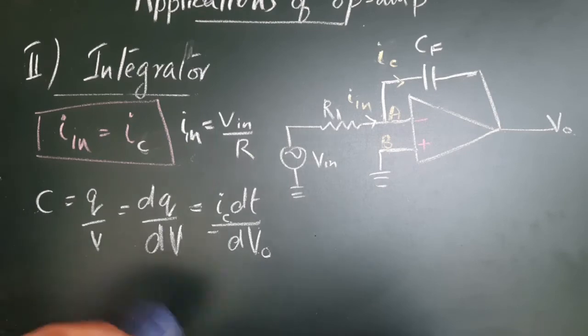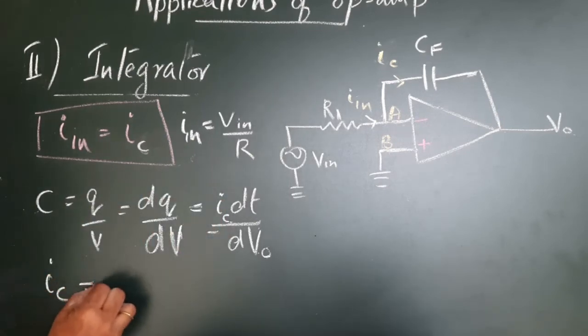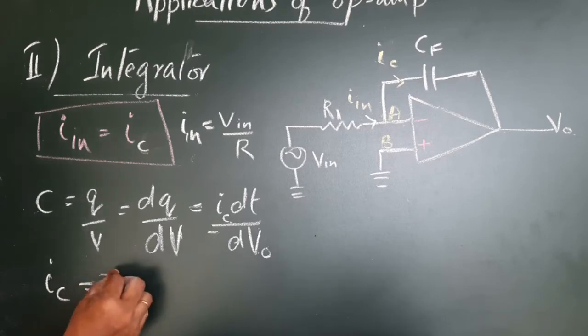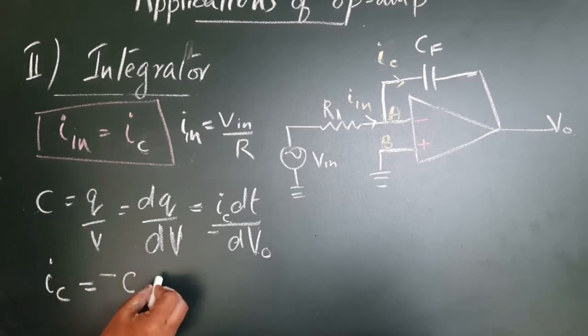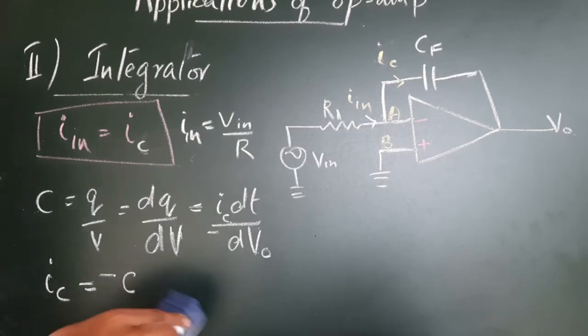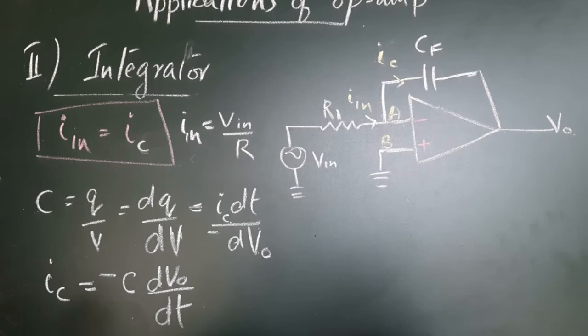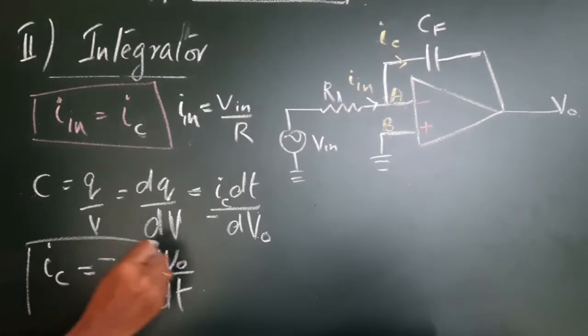So from this concept we will rearrange for IC. IC will be equal to minus C dV0 by dt.